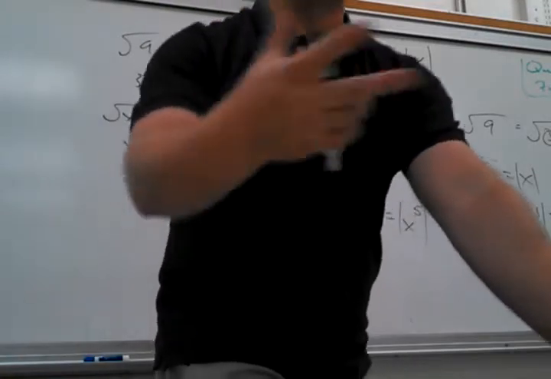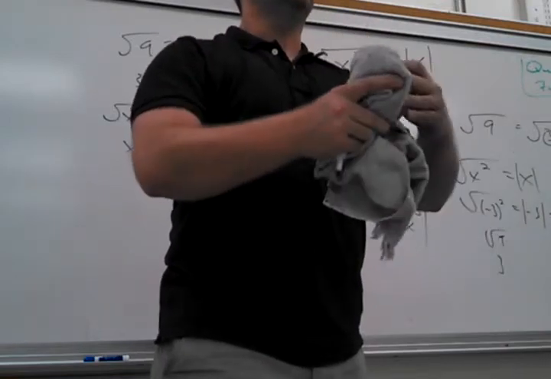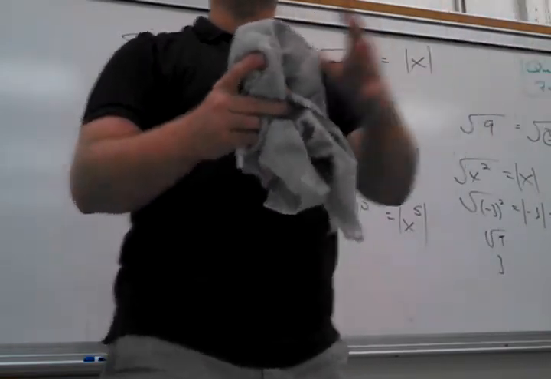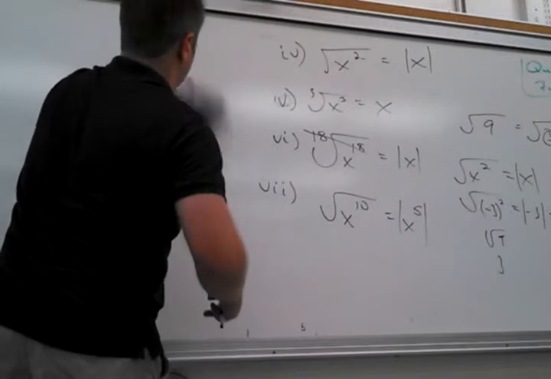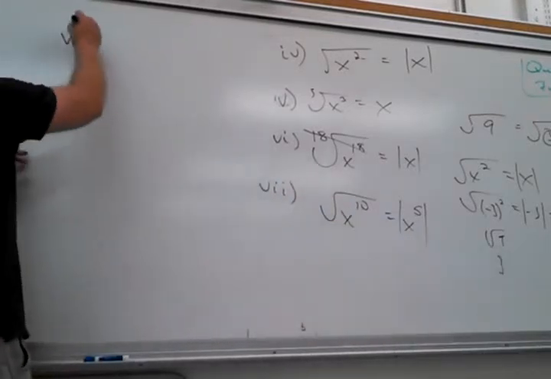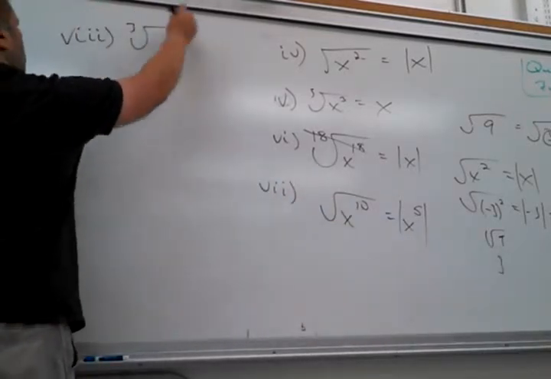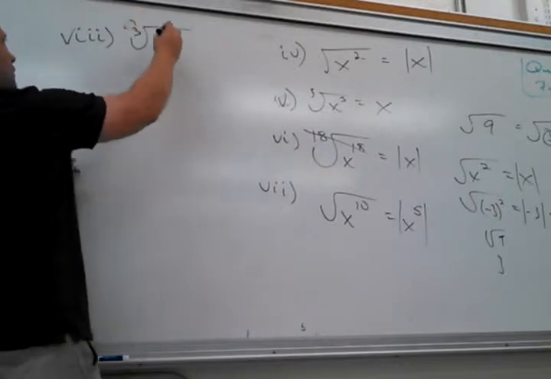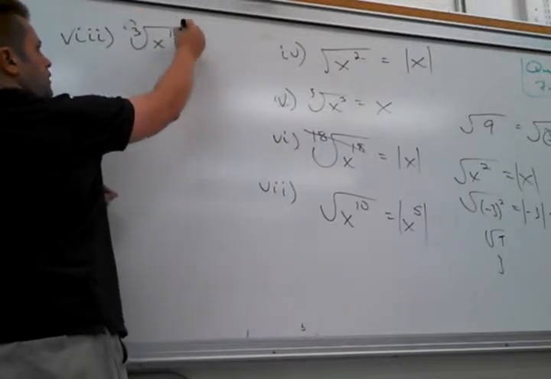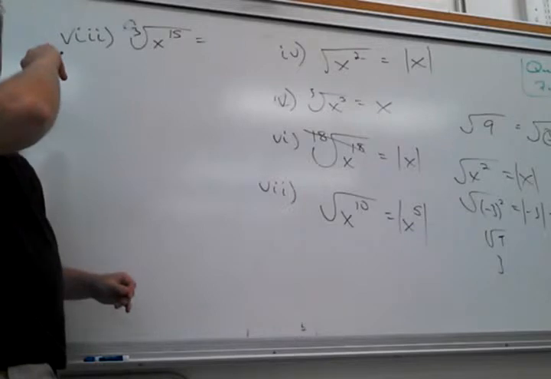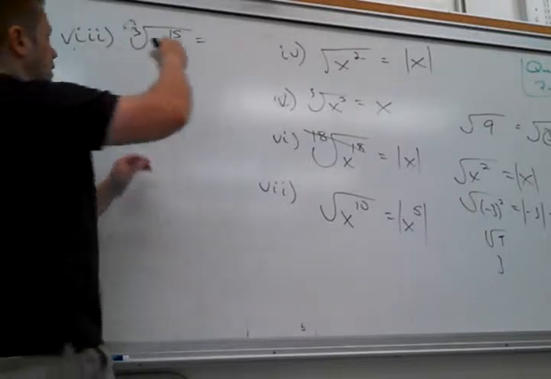So if I had the third root of something, a cube root, that would break it in thirds, right? So if I had, for example, let's see, cube root, that's not going to work too well. Cube root of x to the 15th. Yeah, x to the 15th.